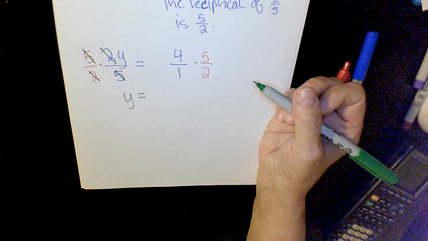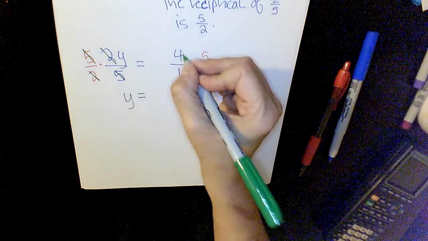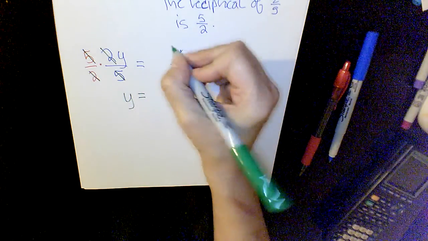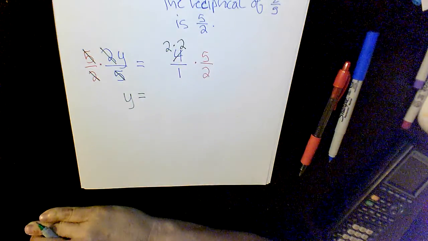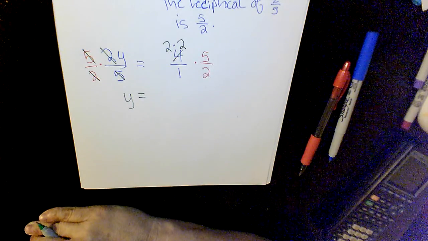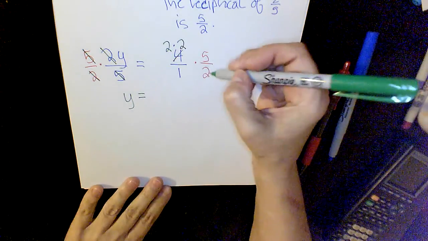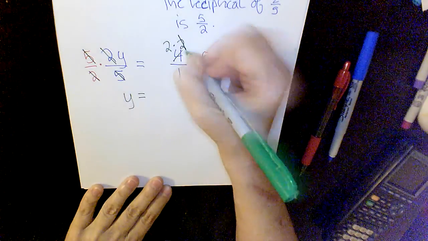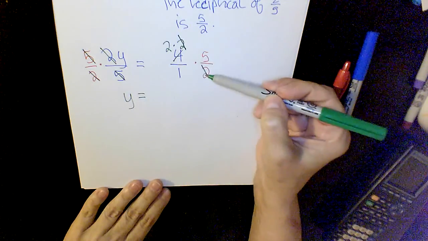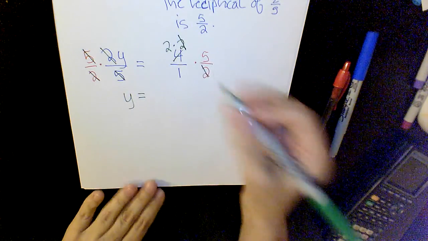It does. And I can also change this 4 to a 2 times 2, because 2 times 2 is 4. So then we can see that along the diagonal, I've got a 2 that's going to cancel out on the bottom and on the top.